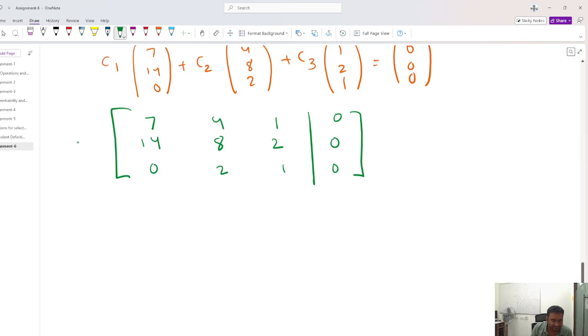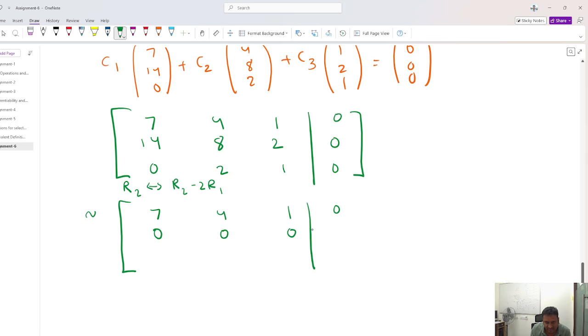Okay. So this will be similar to what, guys? Let's make this 14 zero. So R2 changes to R2 minus 2R1. Well, 7, 4, 1, 0. This becomes 0. This becomes 0. This also becomes 0.